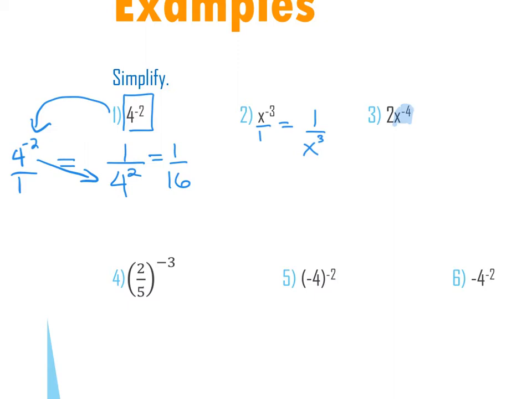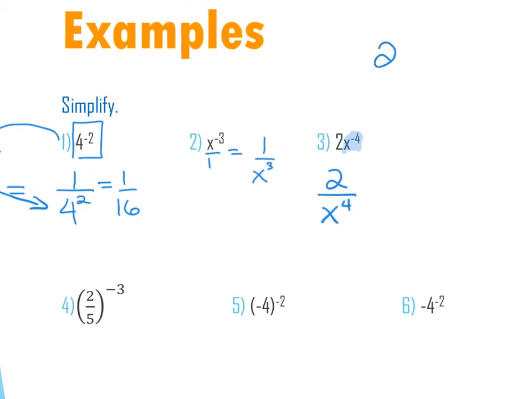So the 2 is going to stay where it is, but the x to the negative 4 moves to the bottom. It's the only thing with the negative exponent. The 2 stays on the top. Now, if it were something like this, 2x to the negative 4, then you would have moved the whole thing. But as it's written, the only thing that has that exponent is the x.